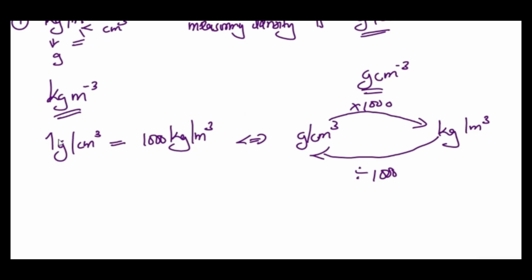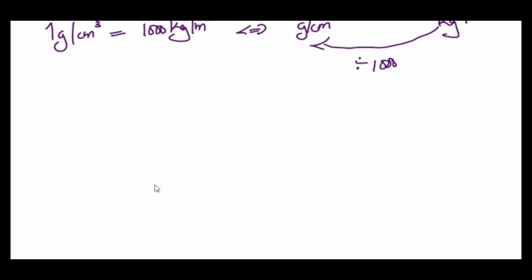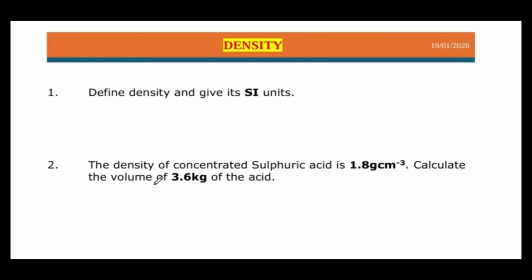So I want us to solve a number of examples here. So we'll see a number of problems. You can see these are questions. The first one is telling you to define what density is and give the SI unit. Density is the mass of a substance per unit volume.